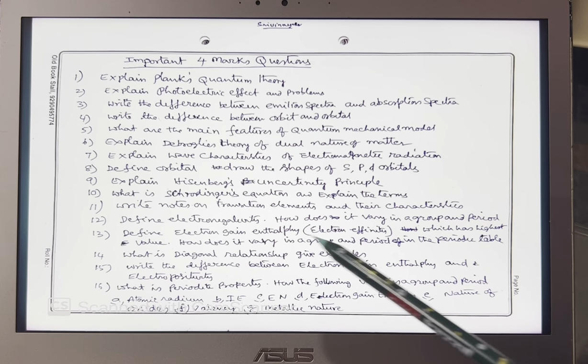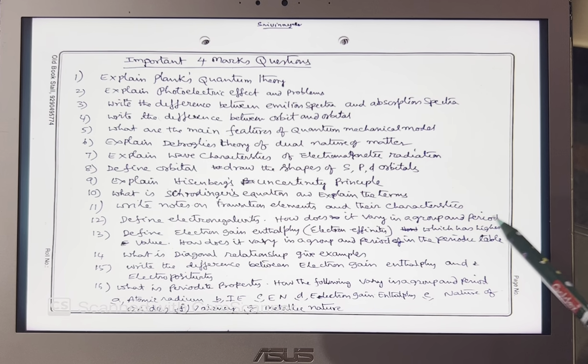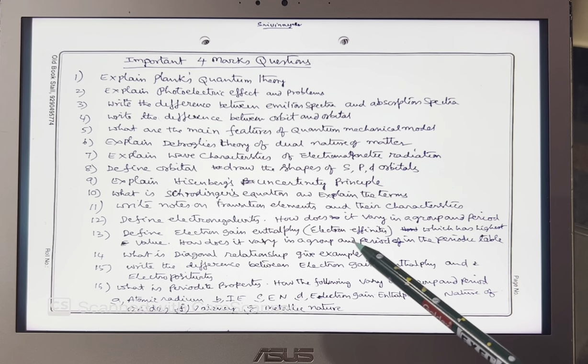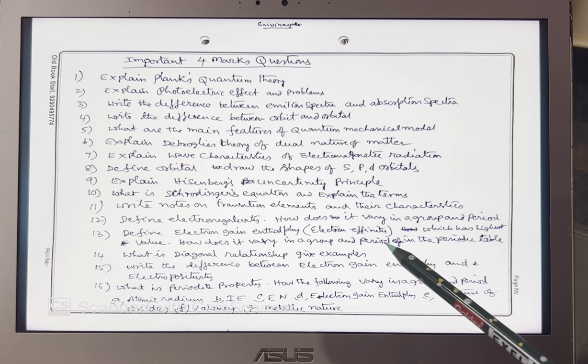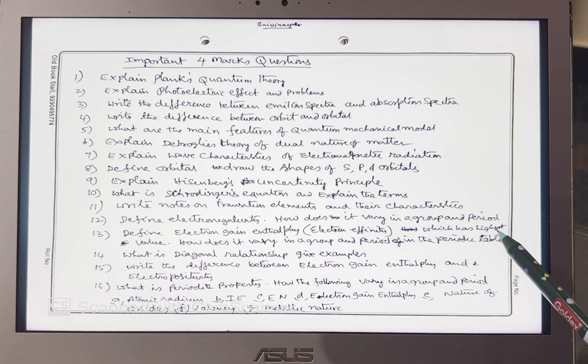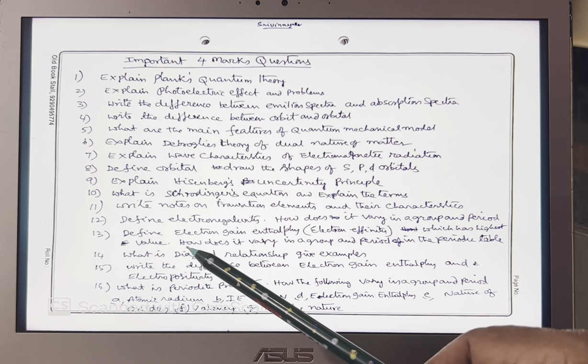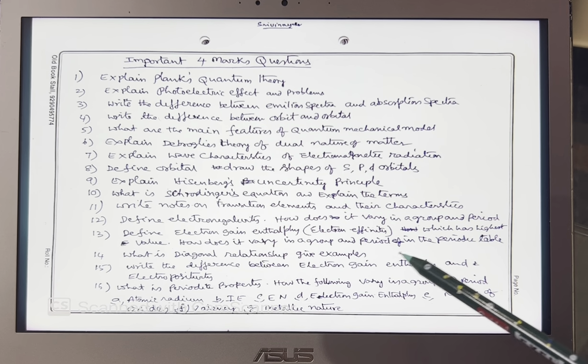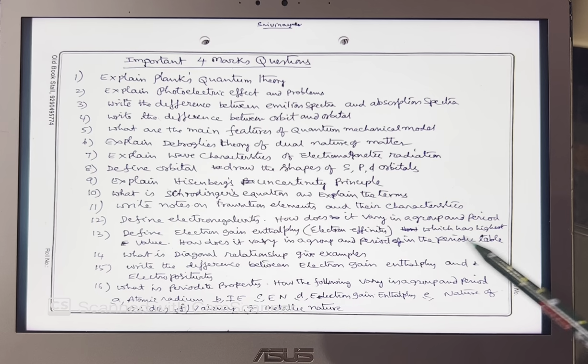Define electronegativity, how does it vary in a group and period. Define electron gain enthalpy or electron affinity, which element has the highest affinity out of all elements. How does it vary in a group and period in the periodic table.